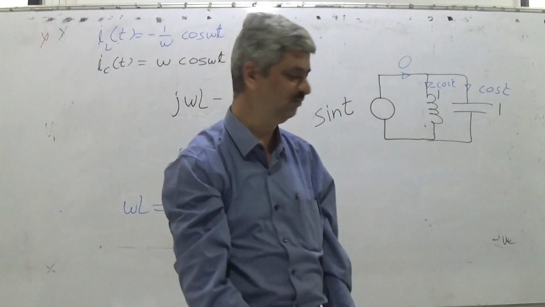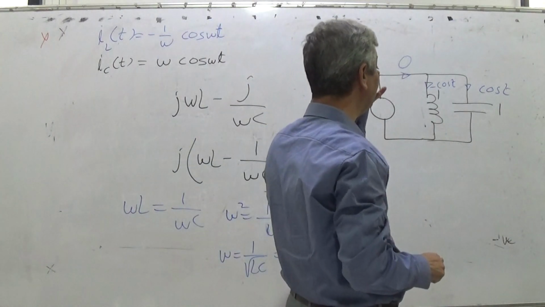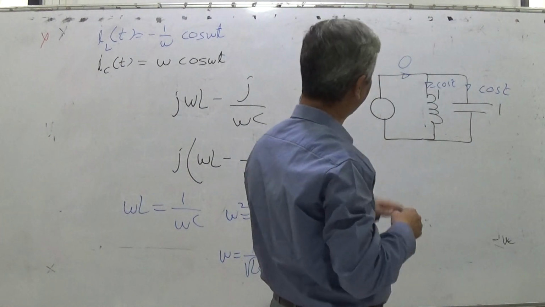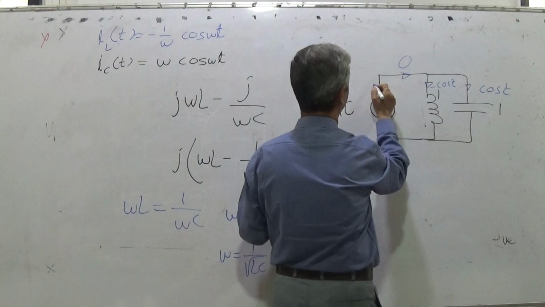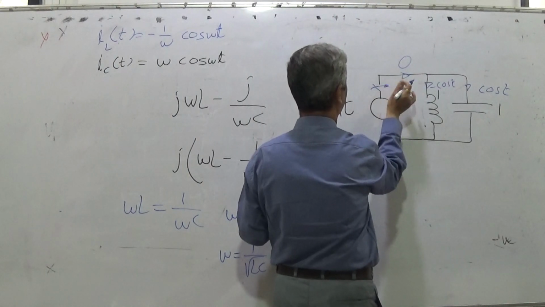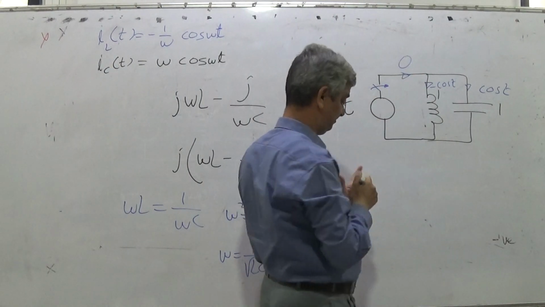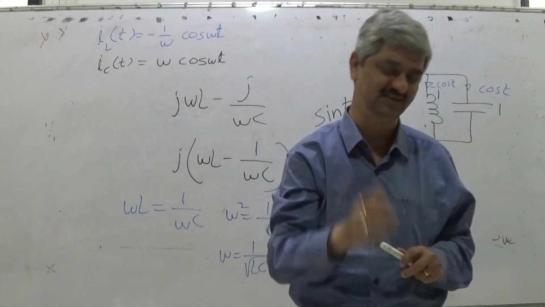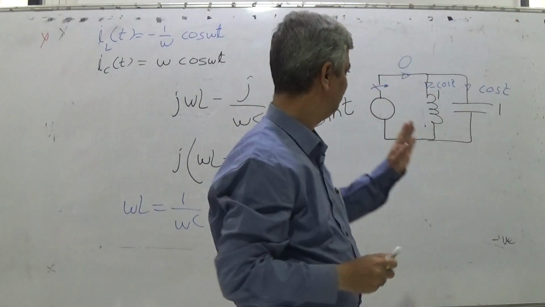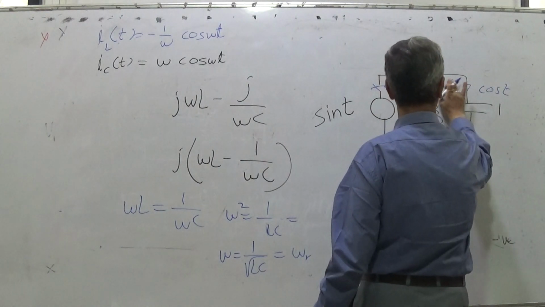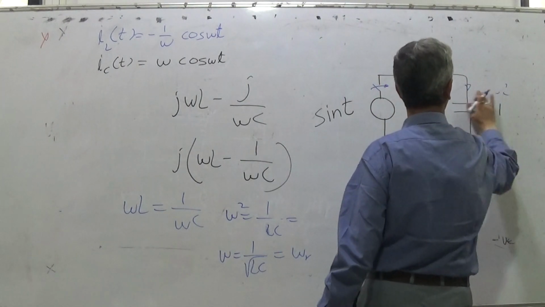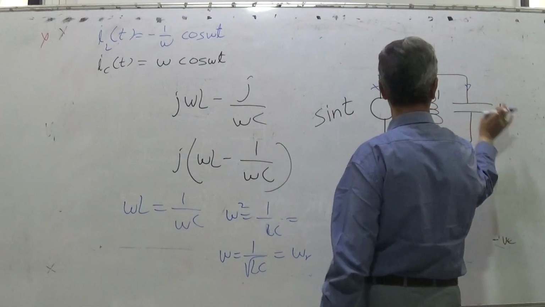Net current is 0. And if net current is 0, if I disconnect this, what will happen? I am connected, I am disconnected. What will happen? It's a very interesting thing. This was the circuit. That time nothing was there. 1 Henry, 1 farad.